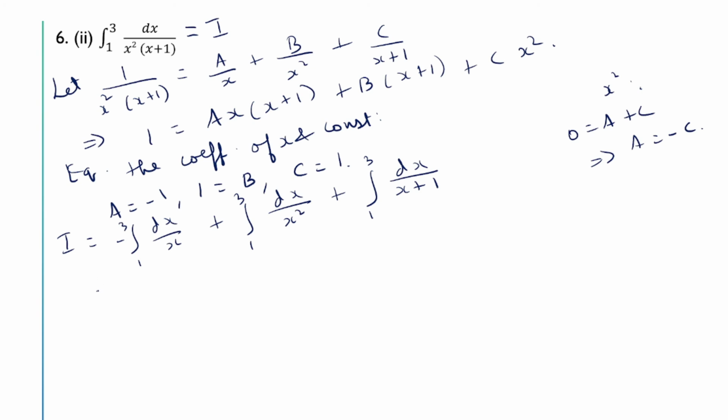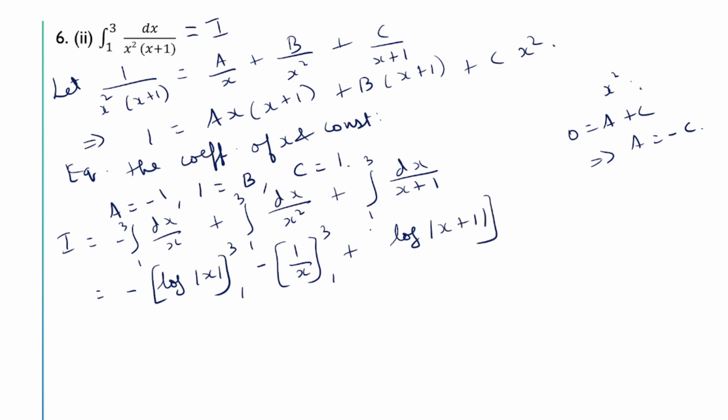So this is equal to minus log mod x, and substituting the limits. Then integral dx by x square is minus 1 by x. So it is minus 1 by x with the limits. Then plus integral dx by x plus 1 is log mod x plus 1 with the limits 1 to 3.